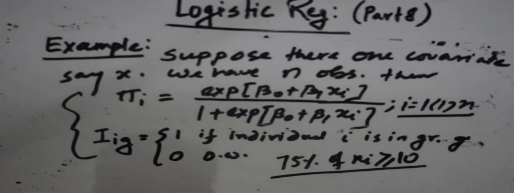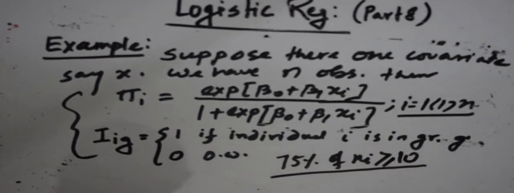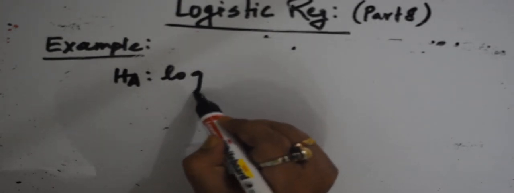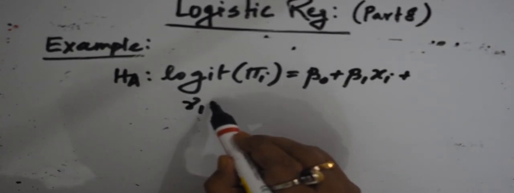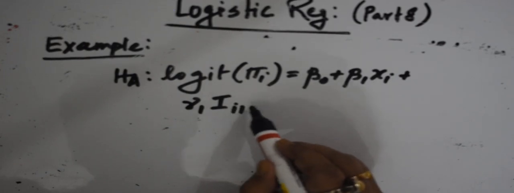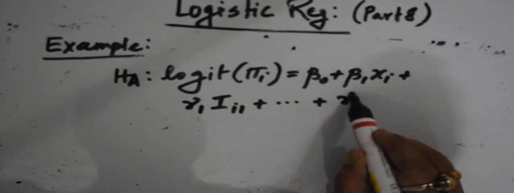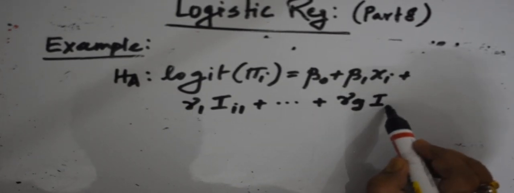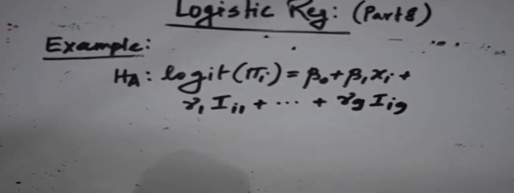So, to test the goodness of fit, we consider an alternative model, that is our M2: logit pi i equals beta naught plus beta 1 xi plus the sum of gamma i times the indicators, these are additional covariate parameters gamma i, i from 1 to 9.